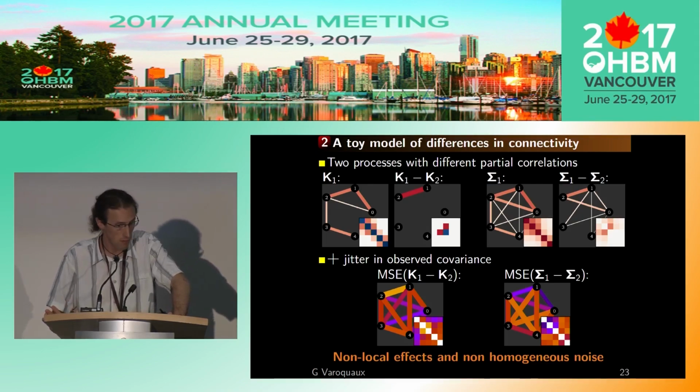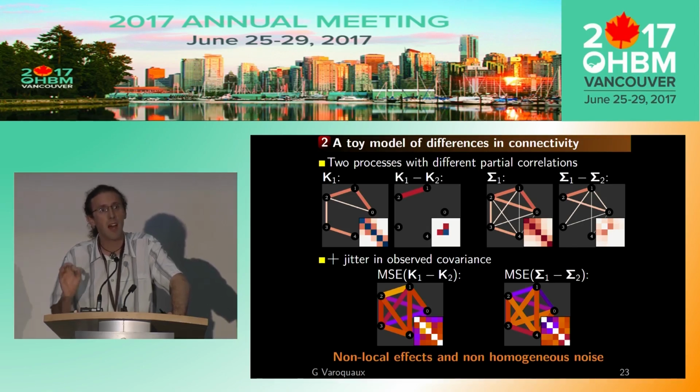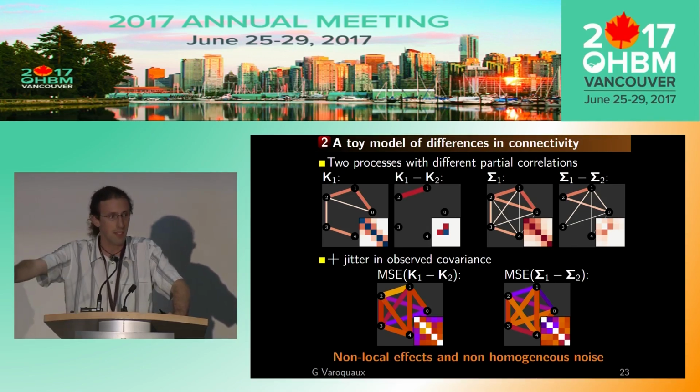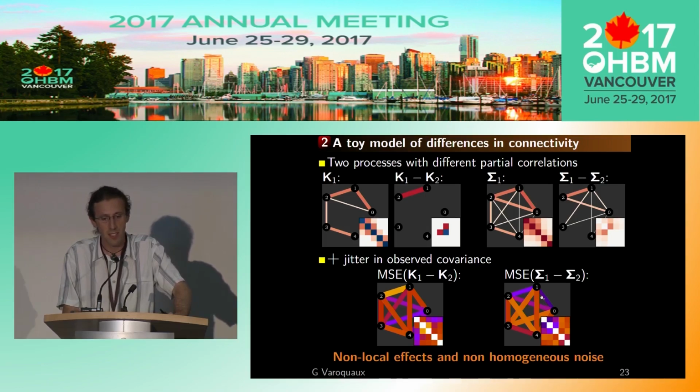This is very well understood from a theoretical perspective, but from a signal detection theory perspective, we have a huge problem here. We have extremely inhomogeneous noise and sometimes non-local effects. So it means that we could very well be detecting one edge. Say, look at this guy. This guy has the smallest error. And if we're doing statistics on the covariance matrix, we might just be detecting a difference here, whereas our actual generative process has a difference here. Okay?